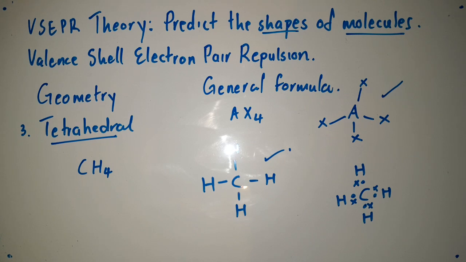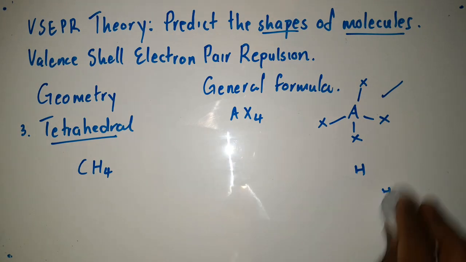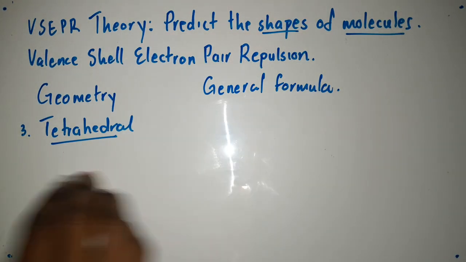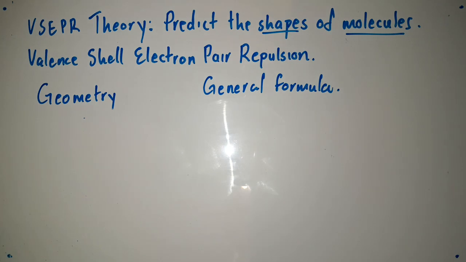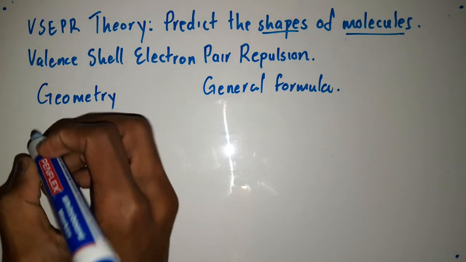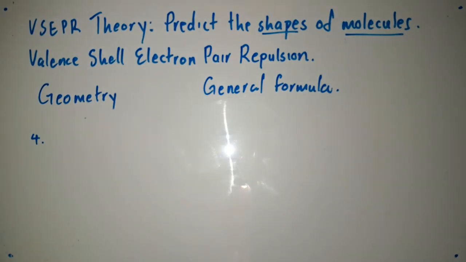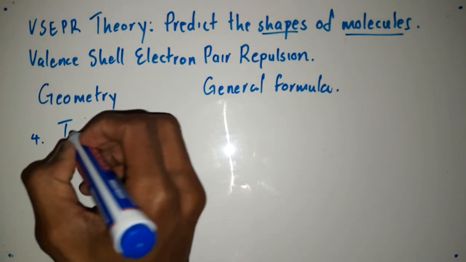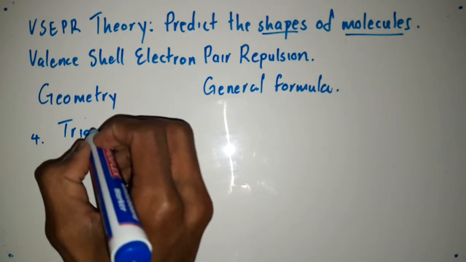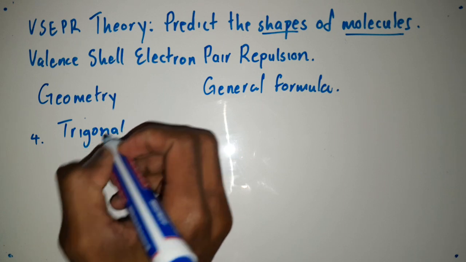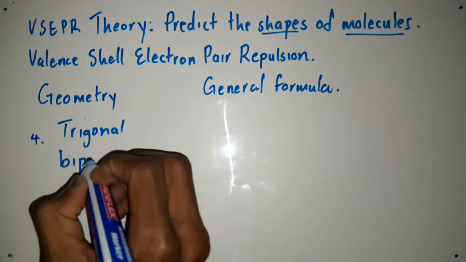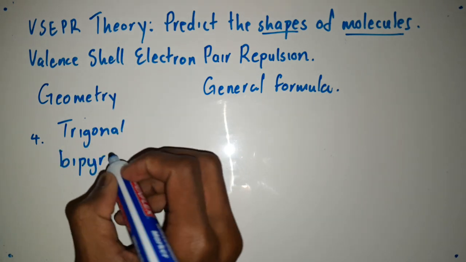We also have this one now, which is known as trigonal bipyramidal.